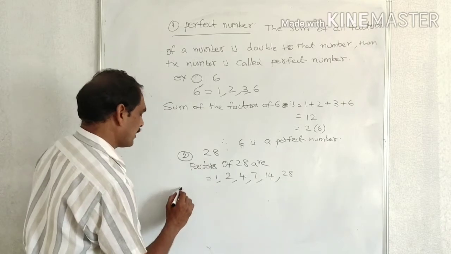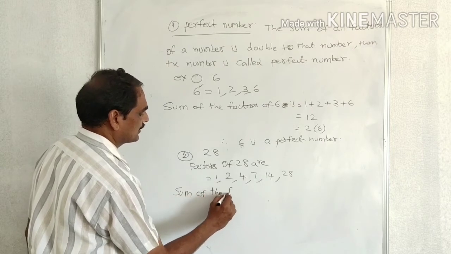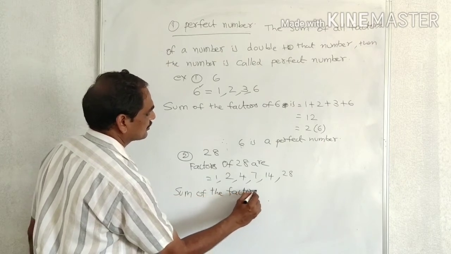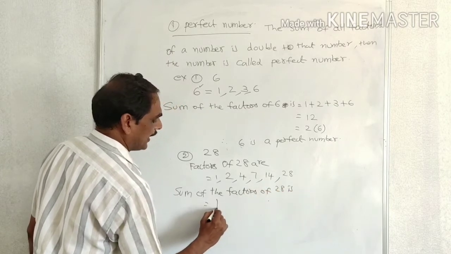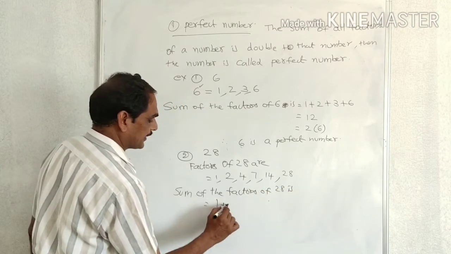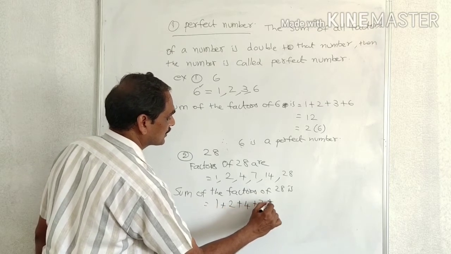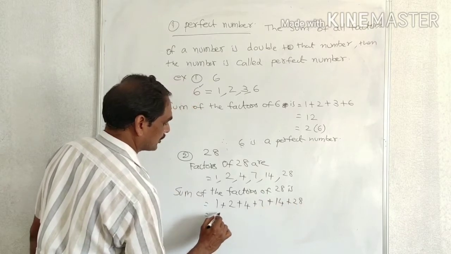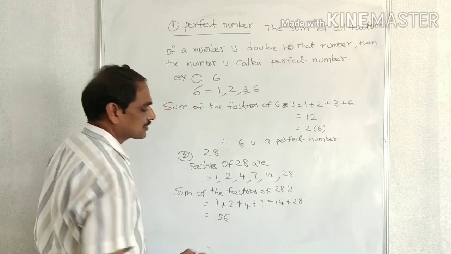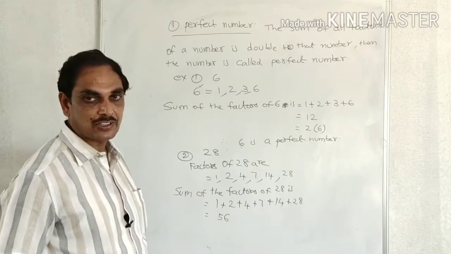Now the sum of the factors of 28 is equal to 1 plus 2 plus 4 plus 7 plus 14 plus 28. When we add these factors, we get 56 as the sum of the factors of 28.